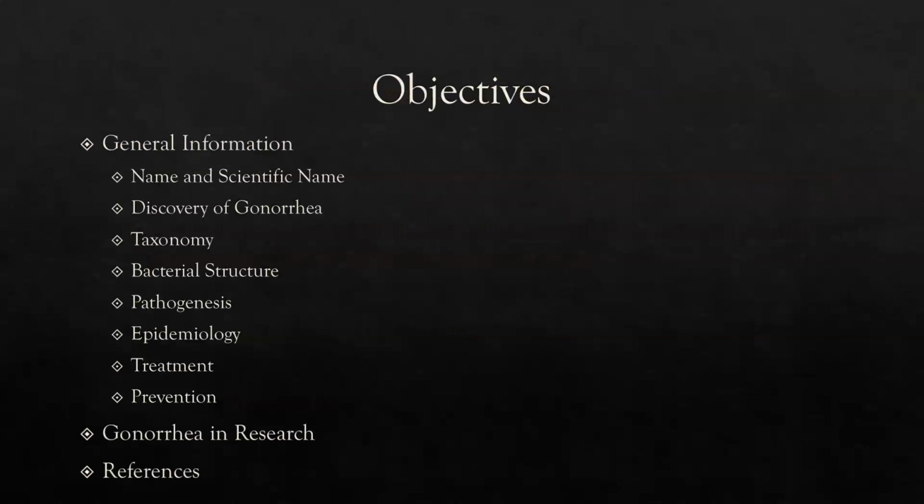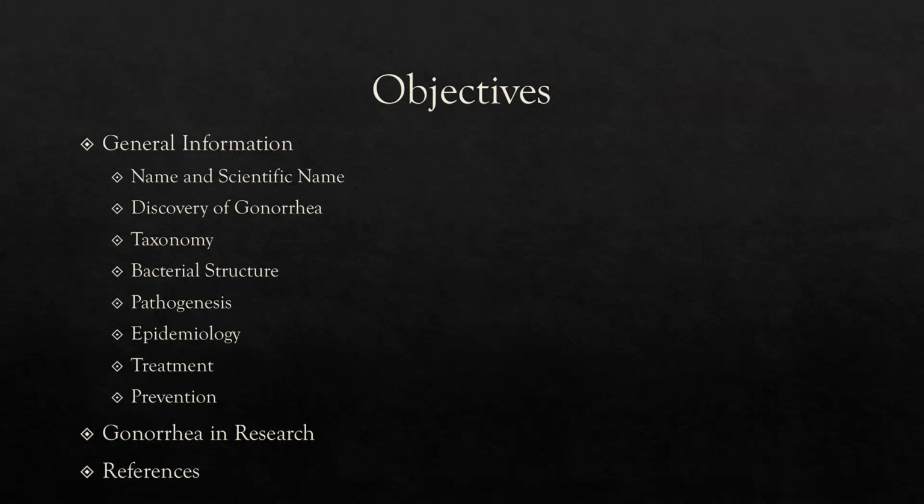So continuing on. This was a lot of information at once, so just to have a quick overview, we did go over the scientific name of gonorrhea, which is Neisseria gonorrhoeae. We discovered that Galen, the Greek philosopher, coined the term gonorrhea.